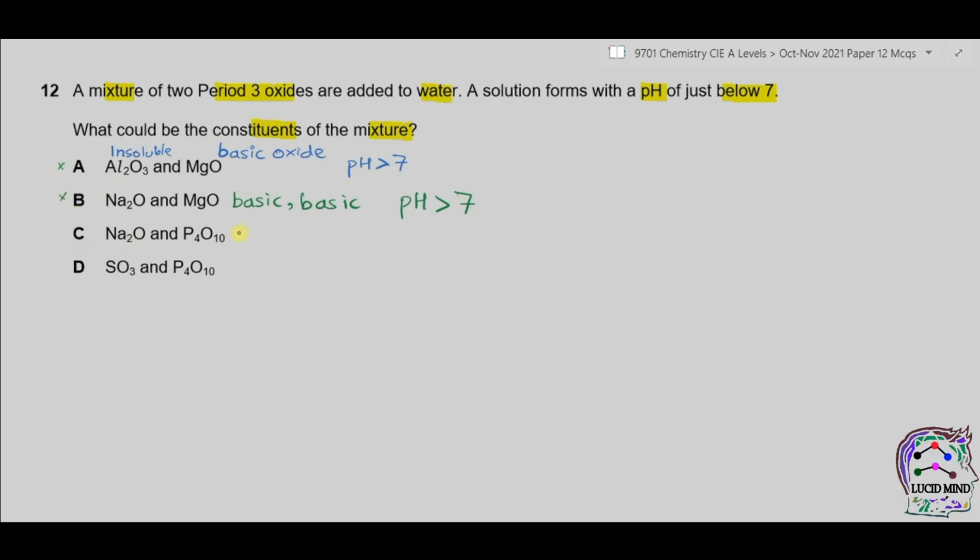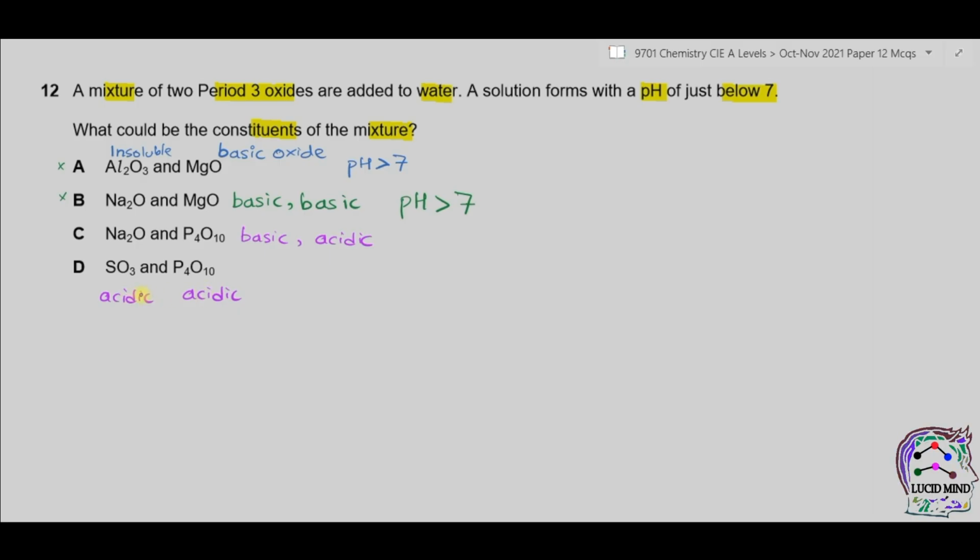In part C, again, we have sodium oxide that is basic, and phosphorus oxide, which, as it is a non-metal oxide, is acidic in nature. For part D, SO3 is acidic as it is a non-metal oxide and it can form H2SO4. P4O10 is also acidic. It is also a non-metal oxide and it can form H3PO4.